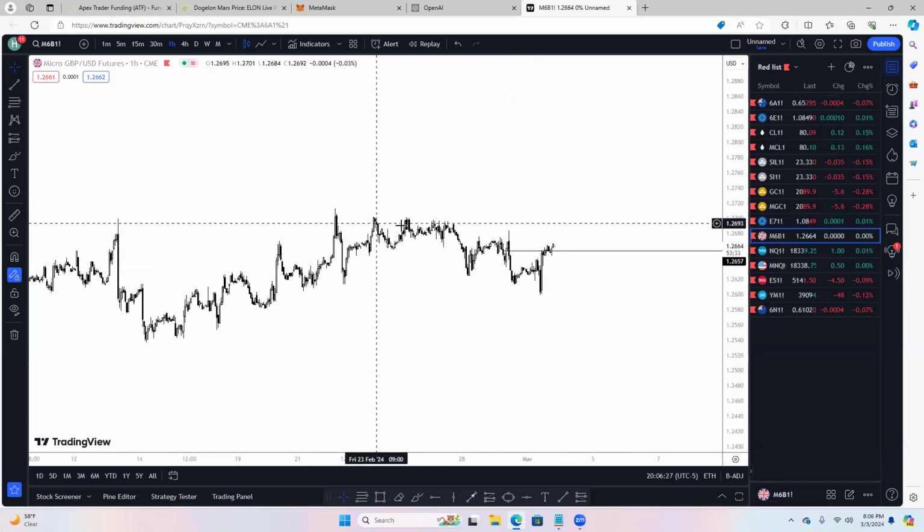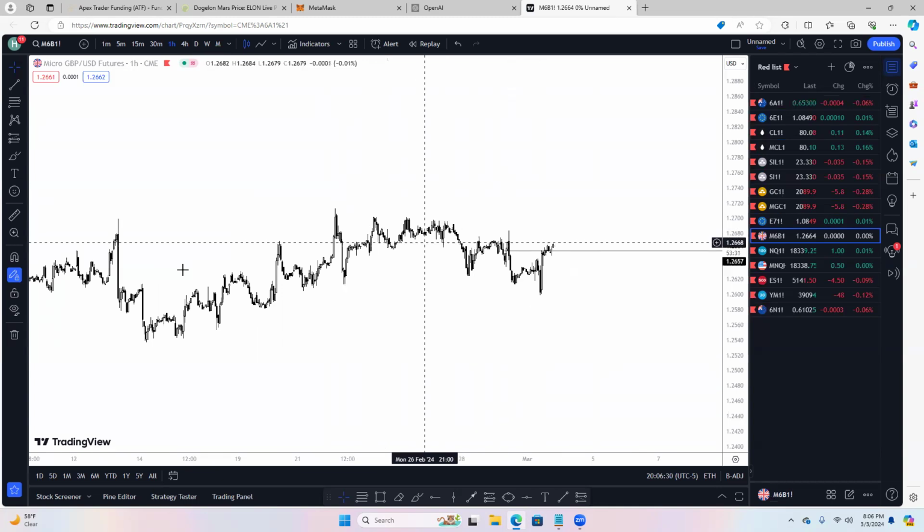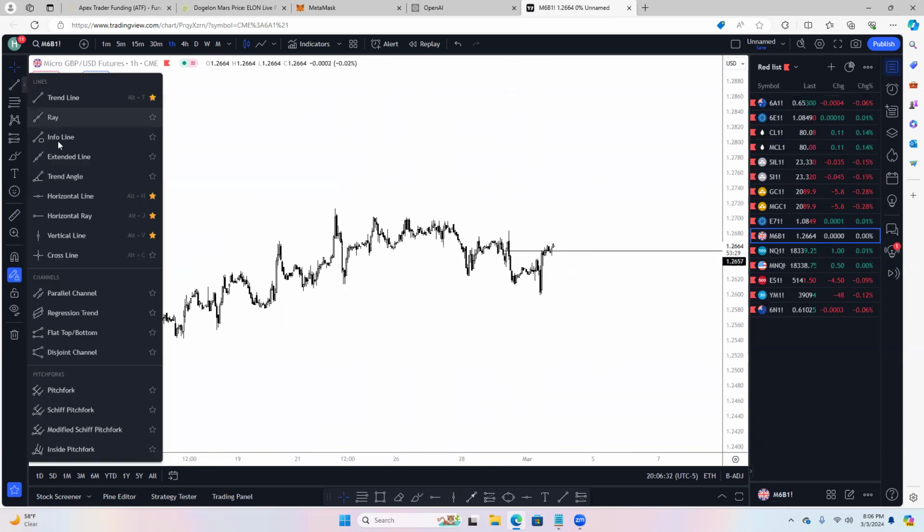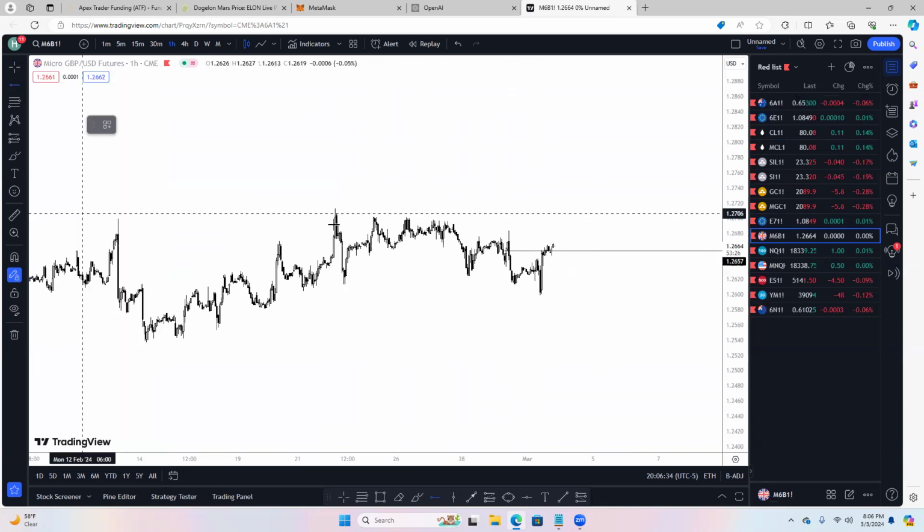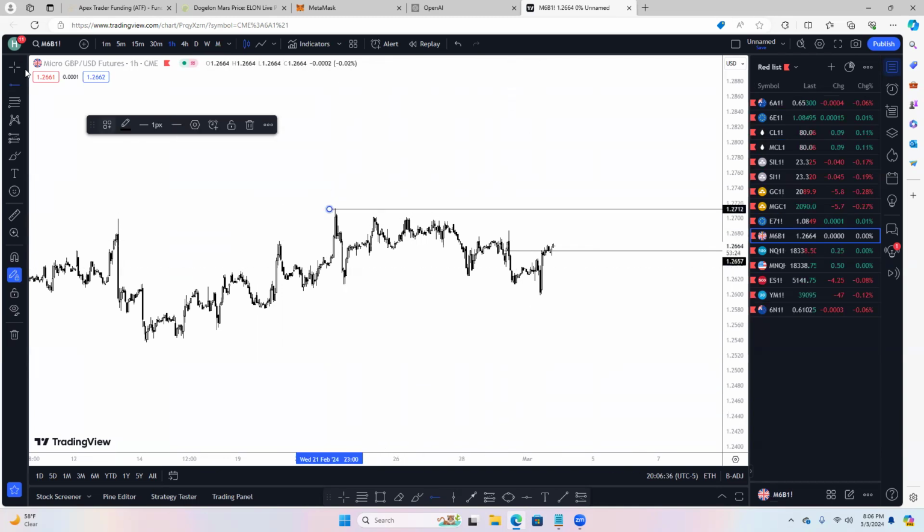Yeah, I want to take out this. There's a ton of liquidity up there, trendline and resistance. All of this is liquidity to me.